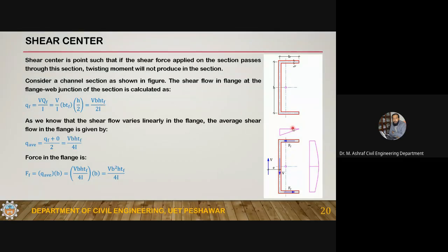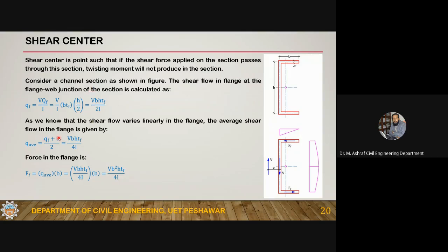Now, since I want to calculate the force in this flange, because this is the shear flow direction, the shear flow is moving like this. If you integrate the shear flow, you will get the shear force. In this case, since the variation is linear, there is no need for integration. You can very easily get the average value of the shear flow. Here you have a 0 value, here you have this value.